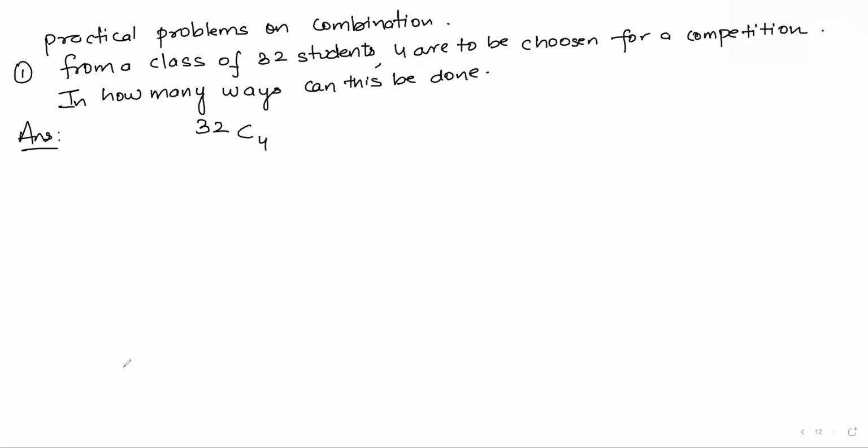So this is 32C4. Please do the calculation. So you have 32 factorial by 4 factorial into 32 minus 4 factorial, which gives 32 factorial by 4 factorial into 28 factorial. You can do the further calculations. Please note this down. Sakshi, is this clear or do you have any doubt in this?